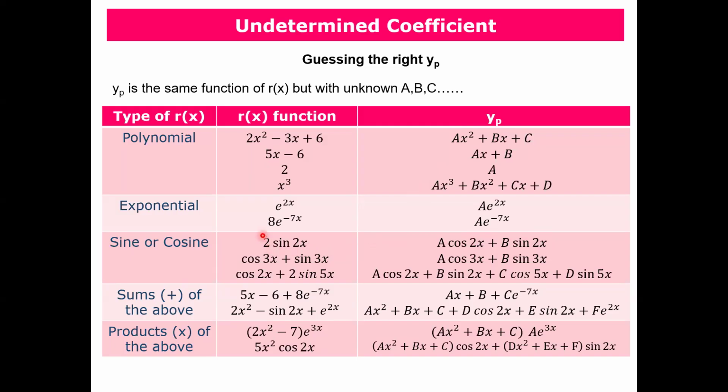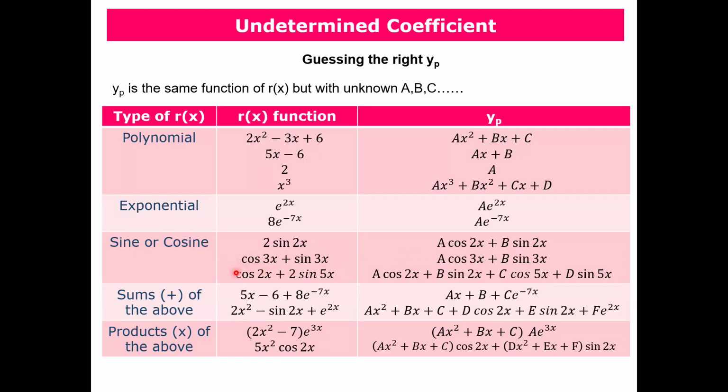Change the 2 into a constant, which is A and B, so the YP for the sine will be A cos 2x plus B sine 2x, okay? Similarly, if the function already has cos and sine, then you don't have to duplicate it.